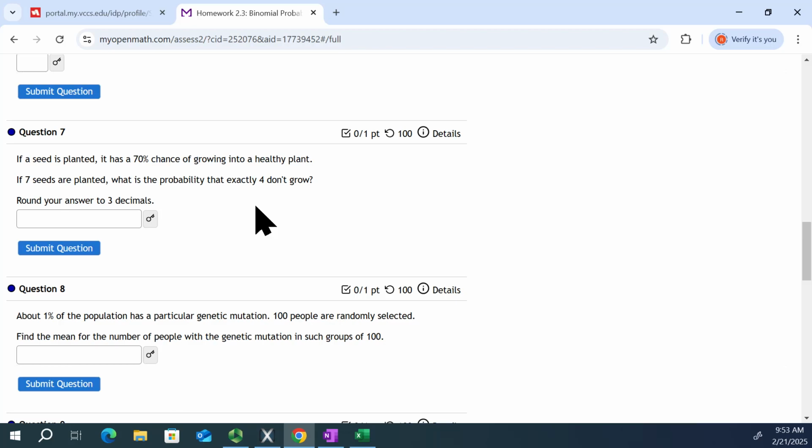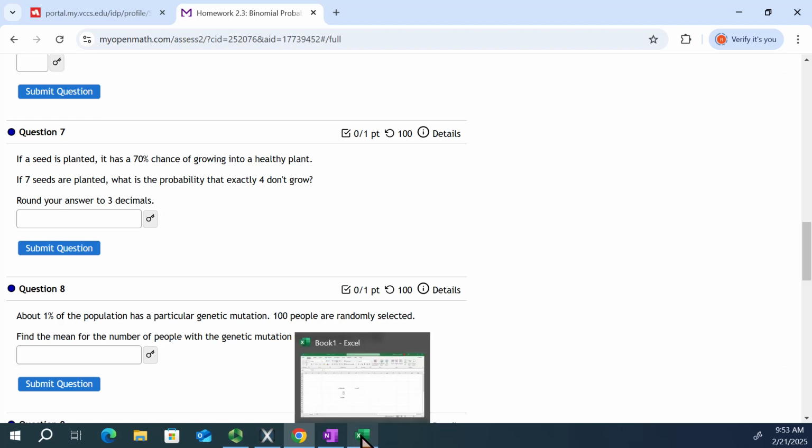This is the probability of failure. The probability of success is 0.3. So we want a 0.3 chance. 7 seeds, 7 trials, exactly 4, and the probability of success is 0.3.